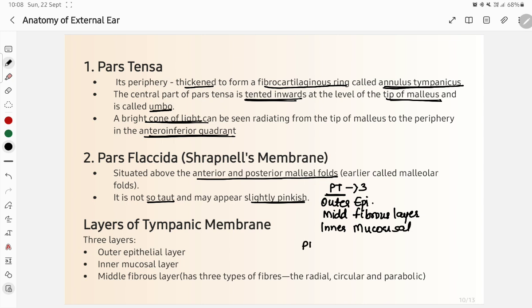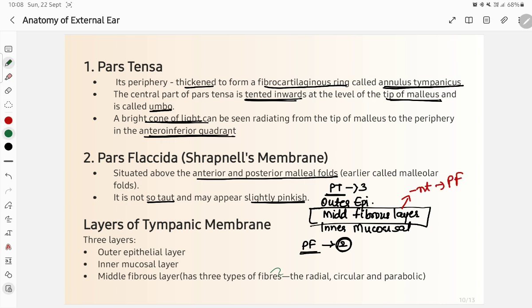Now in pars flaccida, only 2 of these layers will be present. So can you guess which layer will be missing? Correct. The middle fibrous layer is missing in pars flaccida.